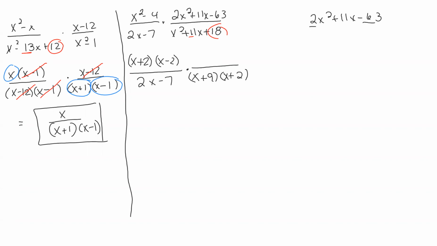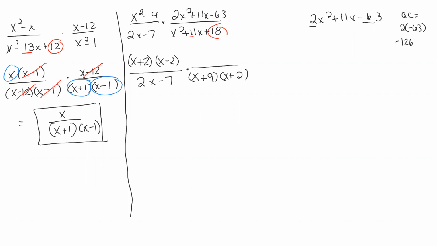So I take 2 times negative 63. If it helps you, because you are going to get a somewhat large number here, go ahead and use your calculator. Let me rewrite this a little bit. So we get A times C equals 2 times negative 63. So 2 times negative 63 is negative 126.